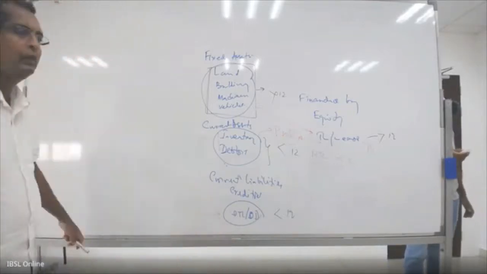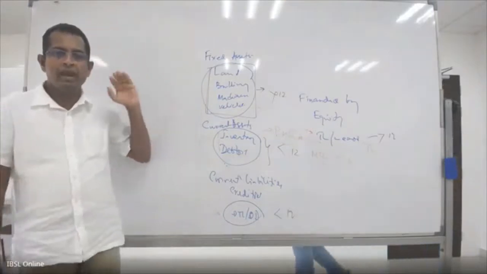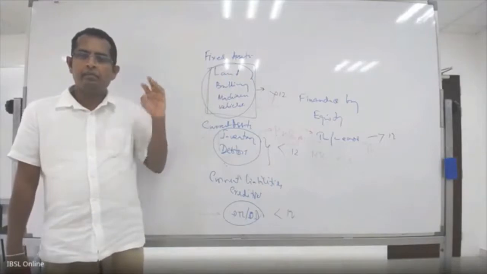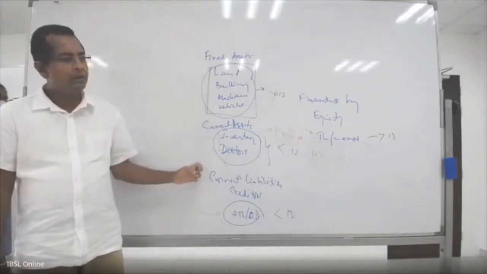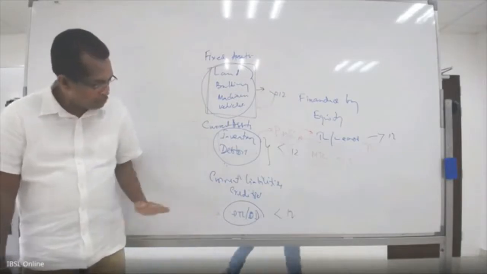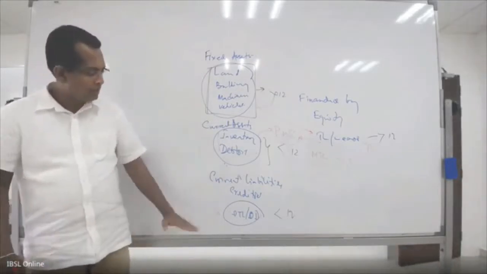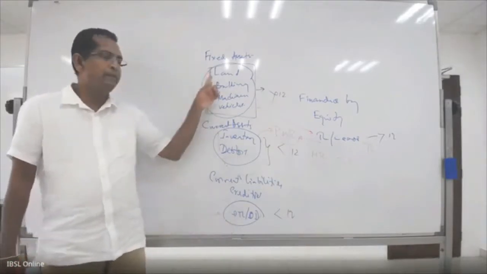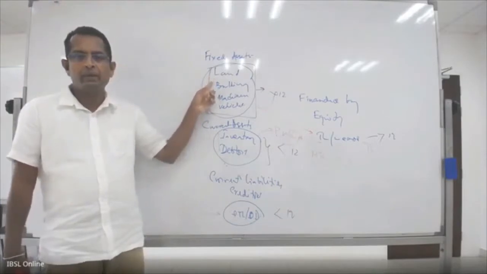Right? So the key message here is the bank should be looking at financing based on the lifespan of the asset. Sometimes it happens, but we should not allow the customer to borrow short term and finance long term. In that kind of scenario, what happens?